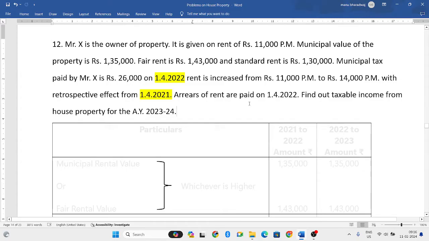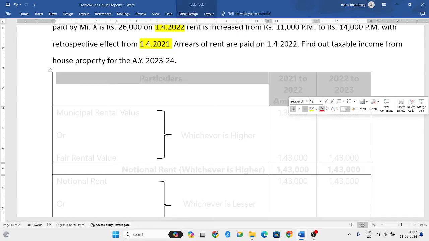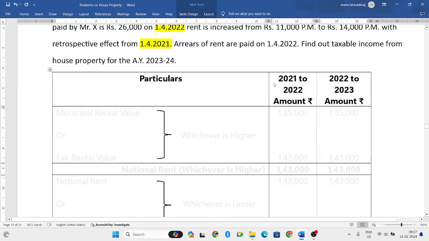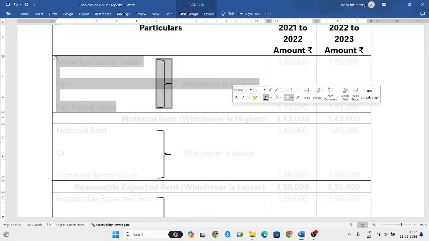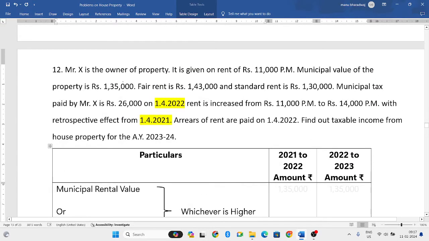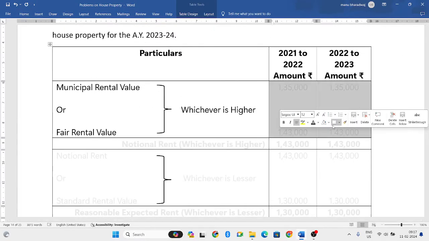So now again we have to do two columns, one for the previous year 21-22 and the other for 22-23. So take two columns: particulars, then two amount columns 21-22, 22-23. First you have to compare municipal rental value with fair rental value. Municipal rent is 1,35,000 and fair rent is 1,43,000.